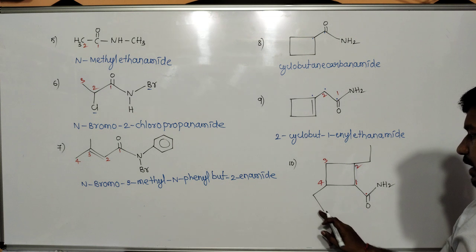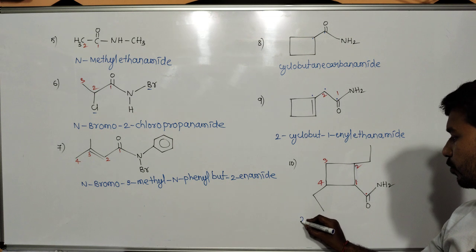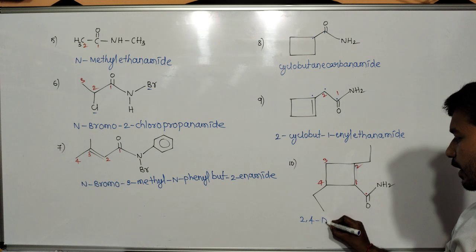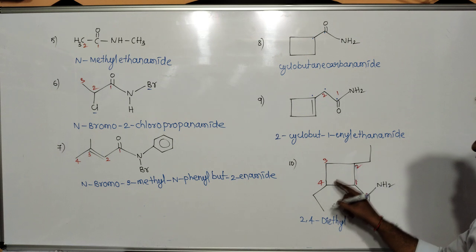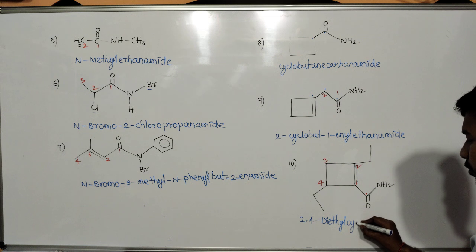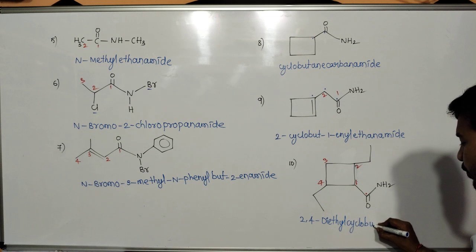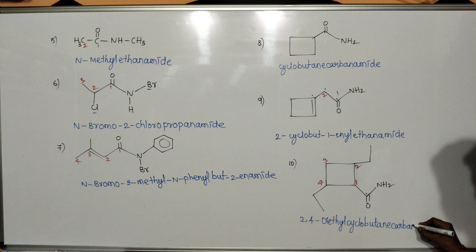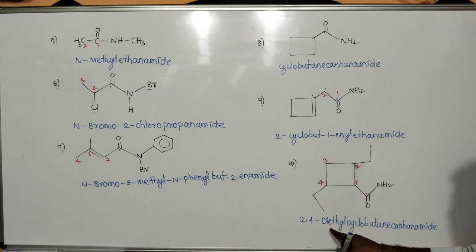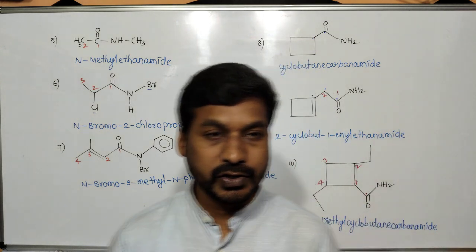This is an ethyl group, CH3 CH2, ethyl. So 2, 4 diethyl, cyclobutane, and this is carbonamide. 2,4-Diethylcyclobutanecarbonamide is the IUPAC name of this molecule.